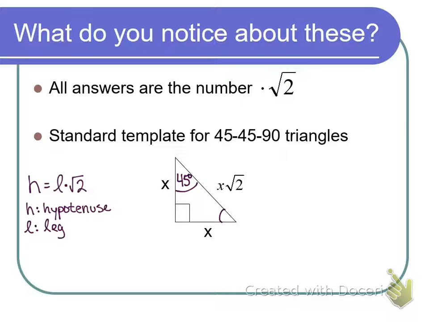You want to add that in. That's how I might refer to it sometimes. Are we finding a hypotenuse or are we finding a leg? We ready to move on to the back?